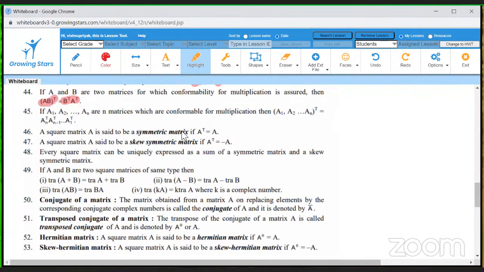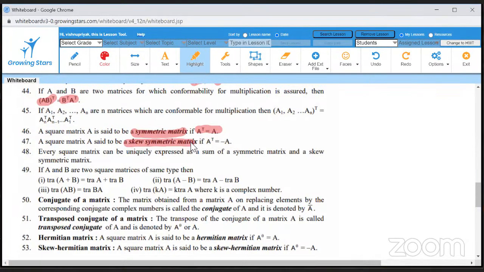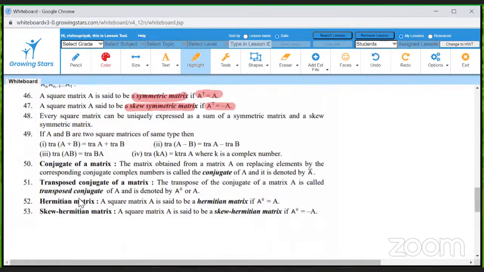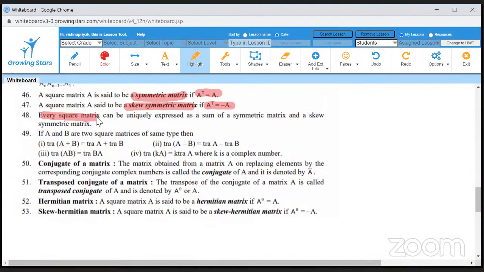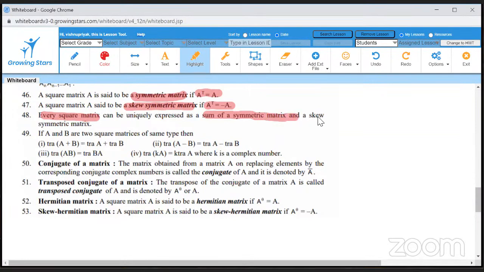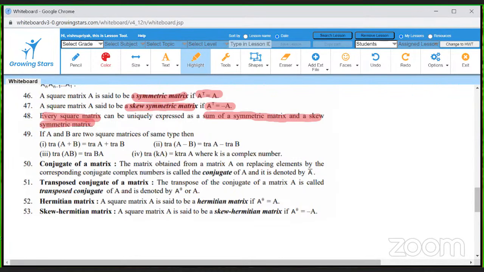Symmetric matrix means A transpose will be equal to A. Skew symmetric matrix means A transpose will be equal to minus A. Every square matrix can be written as sum of a symmetric matrix and skew symmetric matrix.